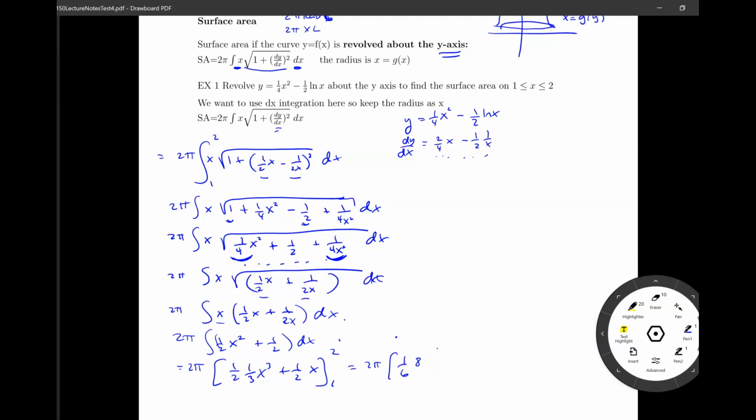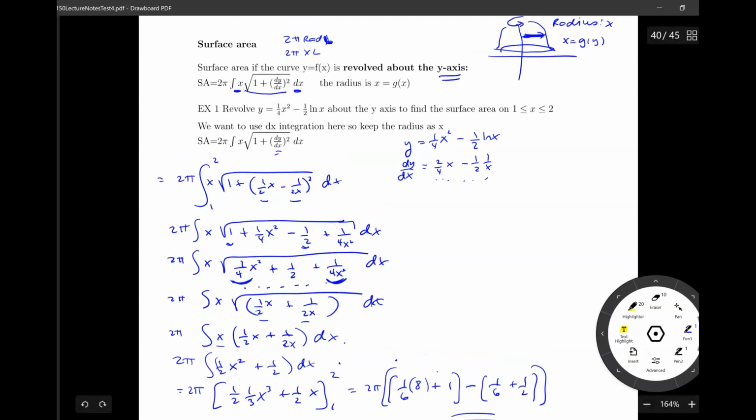And then plus 1, putting in the 2, subtract off, substituting in 1, so I get 1/6 plus 1/2. So I'll leave that there. That's a good enough answer for this one. Okay, so this is surface area doing dx integration revolving around the y-axis.